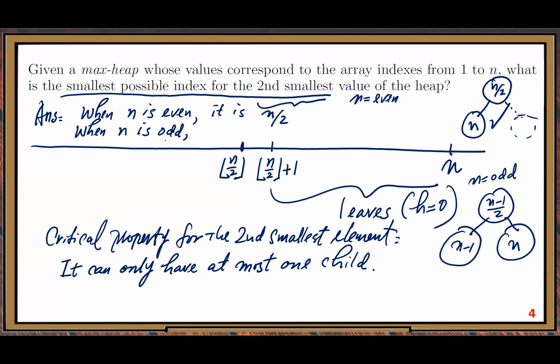So the leftmost position for the second smallest is this one, so it is n plus 1 over 2. See?